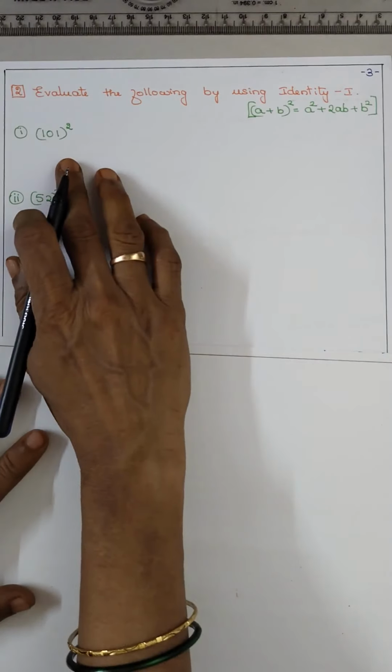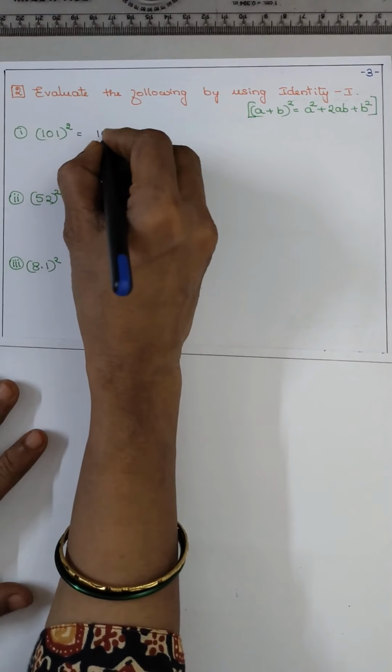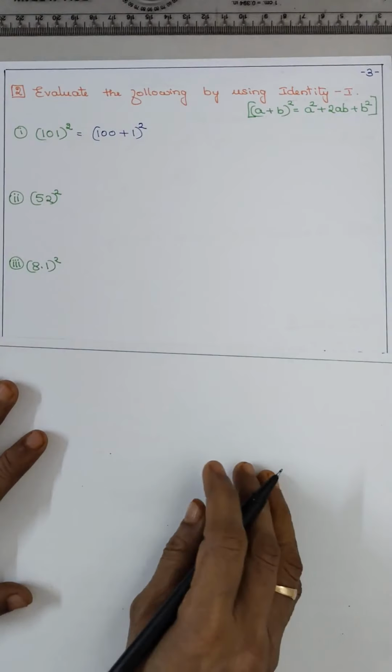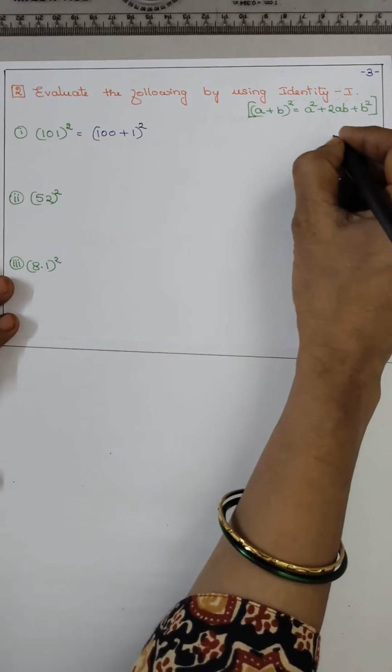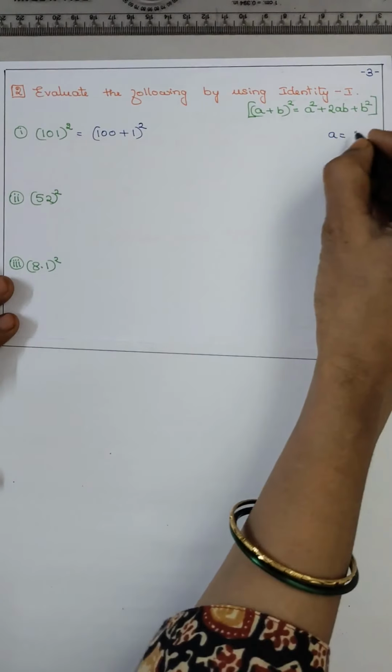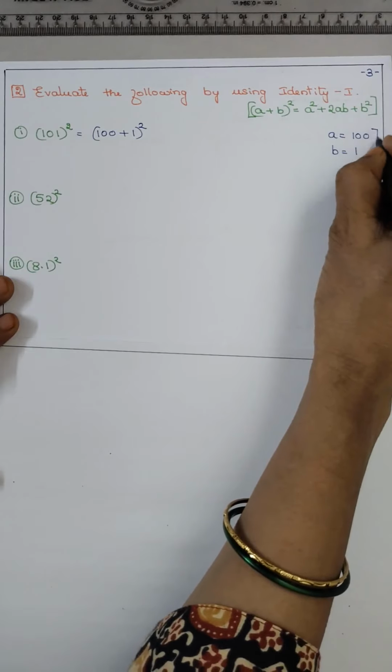Now 101 can be written as 100 plus 1 the whole square, right. Now a is equal to the first term 100, b is equal to 1.